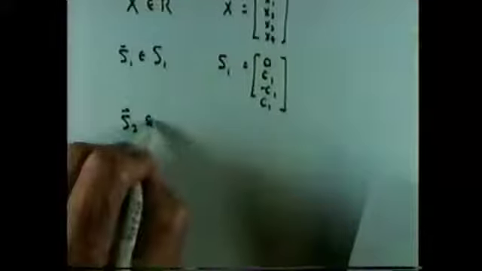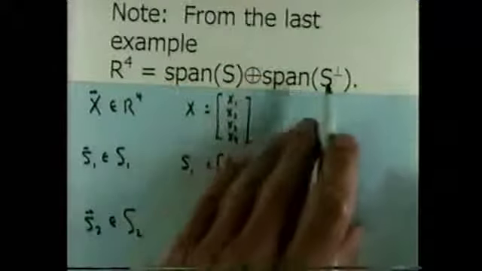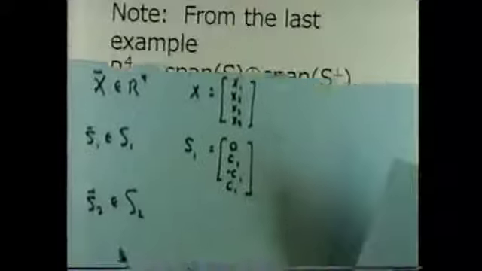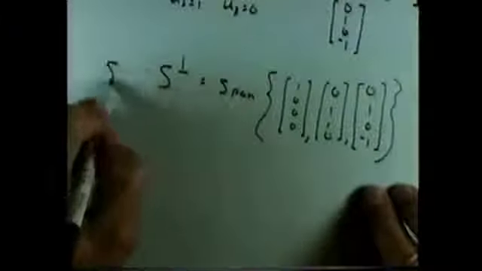Now, vector S2 is going to be from set S2. Set S2 is going to be the span of the orthogonal complement of S. So let's go back to S2. So for the example, this would be S2.